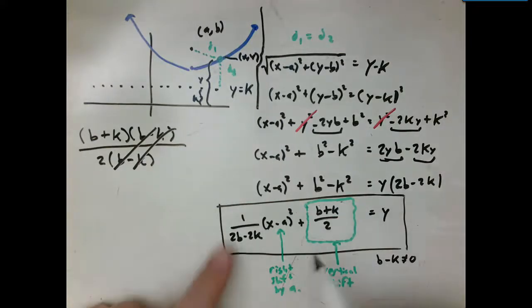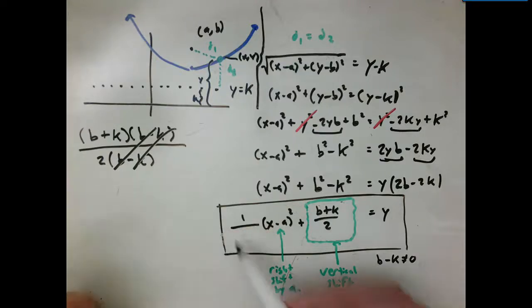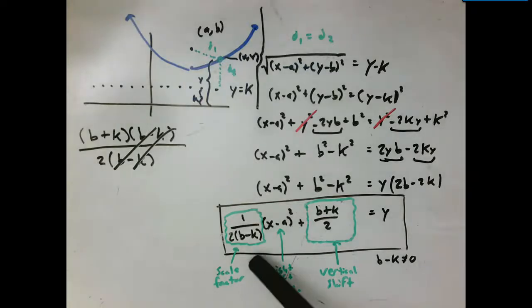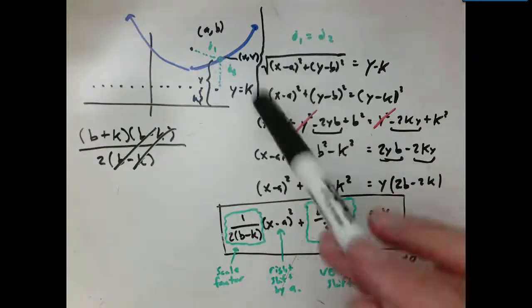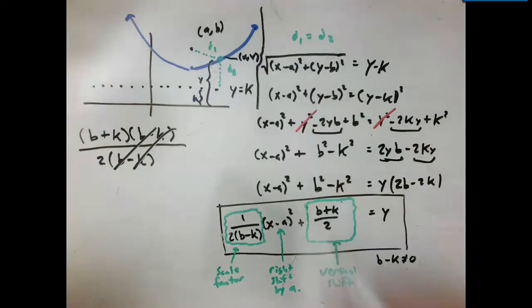Okay, what about over here? If we wanted to, I suppose we could factor out the 2 here as well. So 2 times b minus k. This one's the scale factor. It controls how shallow or how steep the slope for the sides of the parabola are. One of the things that I asked in my questions was whether it's possible for this scale factor ever to be 0.